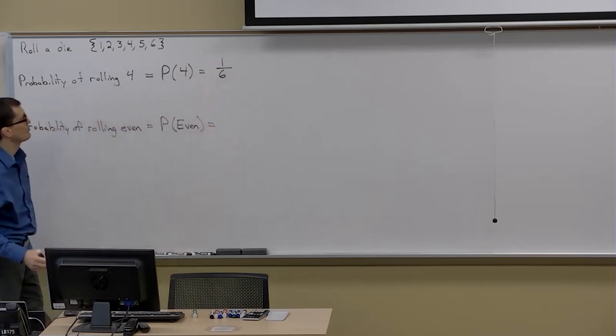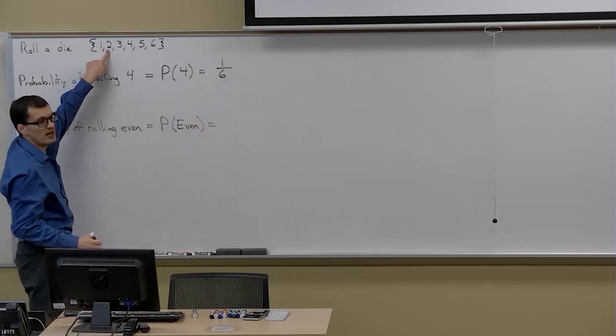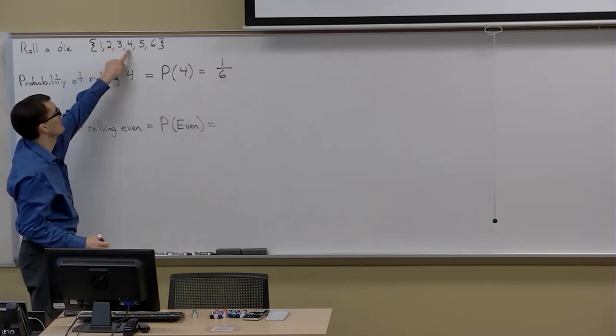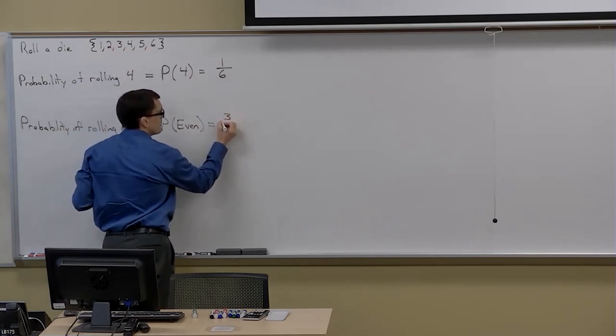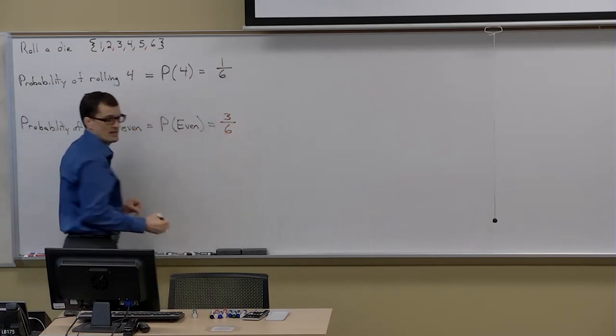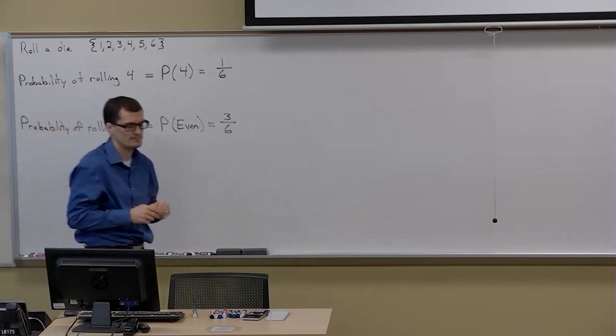Well, the chance that you roll an even number, of these 6 possibilities, 3 of them are even. And therefore, the probability of rolling an even number is 3 out of 6. Does that make sense? We okay with that?